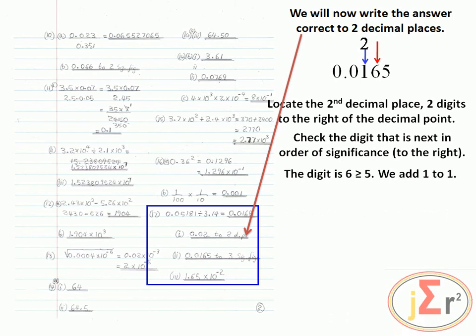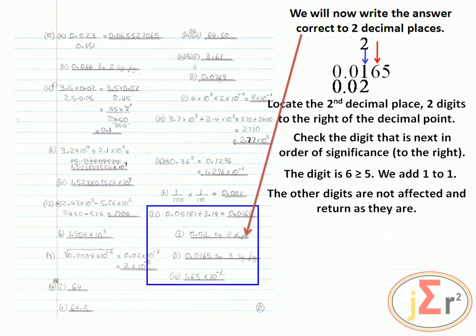We add 1 to the 1, which is the digit in the second decimal place. This one. We add 1 here. So that's a 2. And the other digits are not affected and return as they are. 0.02.